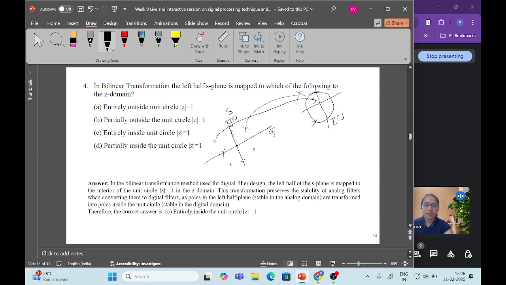This transformation preserves the stability of the analog filter when converting it to a digital filter, as the poles in the stable left half plane of the analog domain are transformed to inside the unit circle in the Z domain. So that's why it is entirely inside the unit circle. Option C is the correct answer for this question.